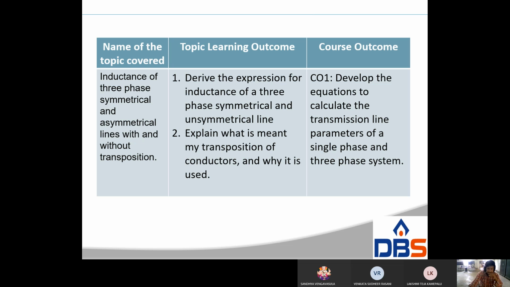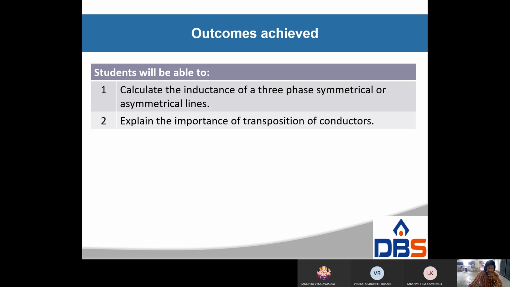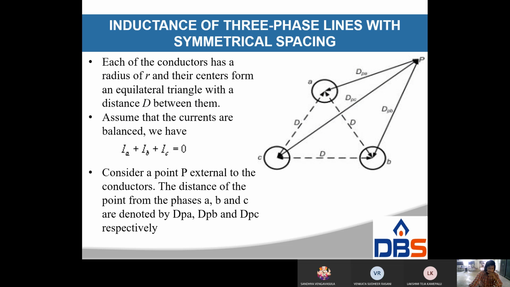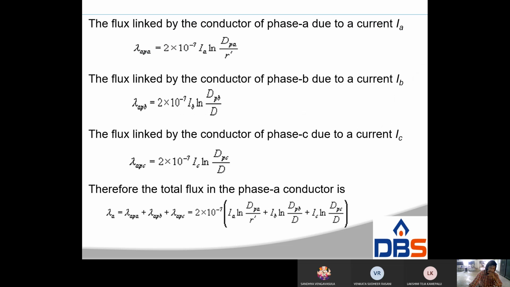This is the derivation for symmetrical spacing. The current IA plus IB plus IC equals 0 because of the balanced condition. Look at the picture: A, B, C only, with distances D, D, D. The flux linkages are 2 into 10 power minus 7 IA ln d by r dash.